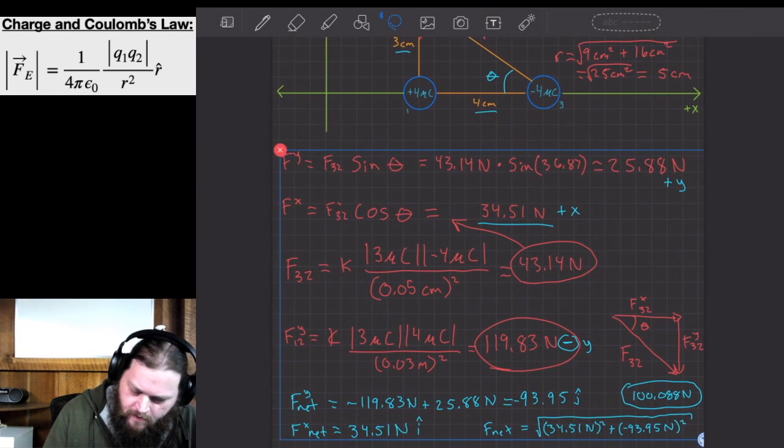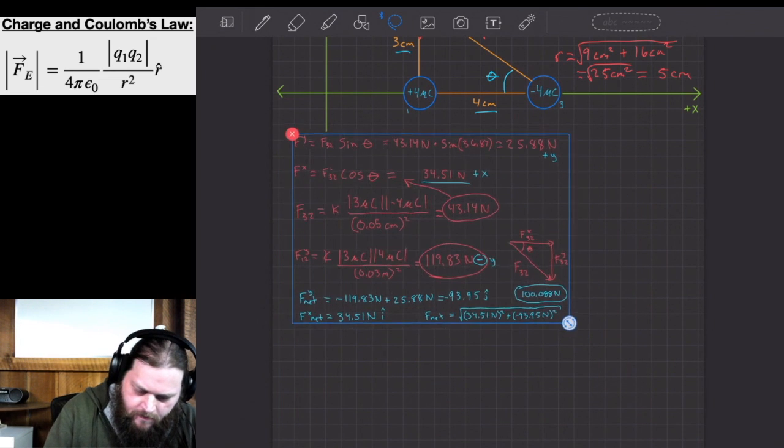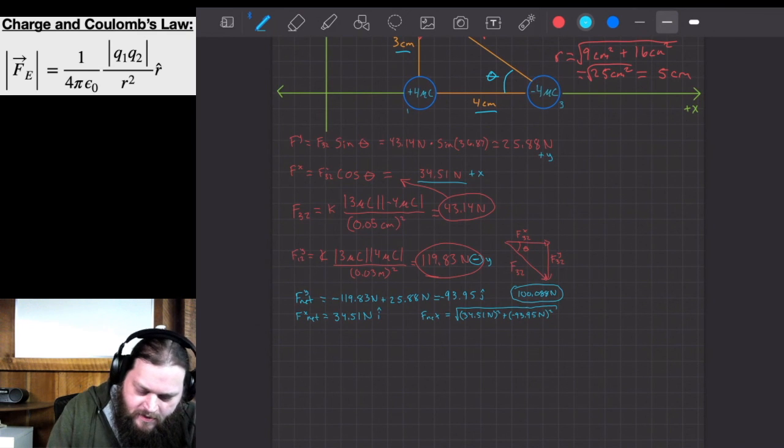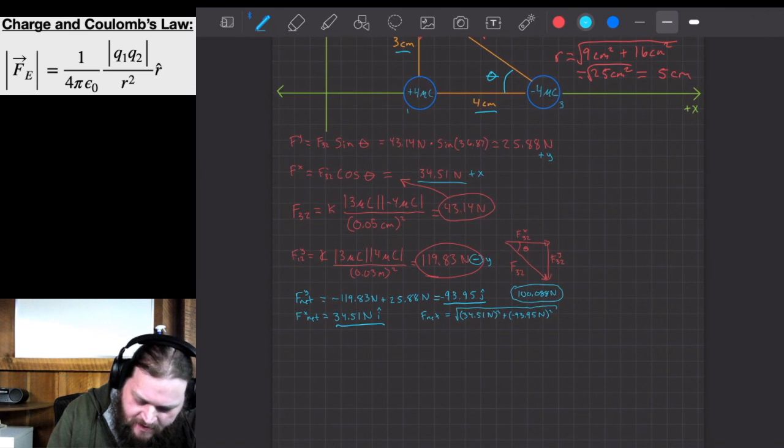Since we know our components, the i and j components are these guys there, this force is 34.51 newtons in x, and the y, which is negative, going down this way, is negative 93.95 newtons.